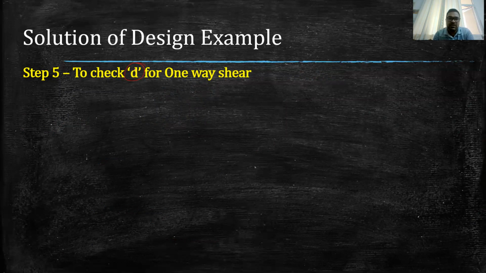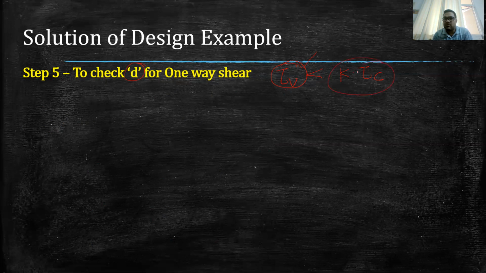Now, for this D to be safe in one-way shear criteria, we use the limiting condition, which is that the value of tau v should be less than the product of k into tau c. Tau v is the action, or in other words, we say this is the nominal shear stress, the stress caused due to the external shear force.